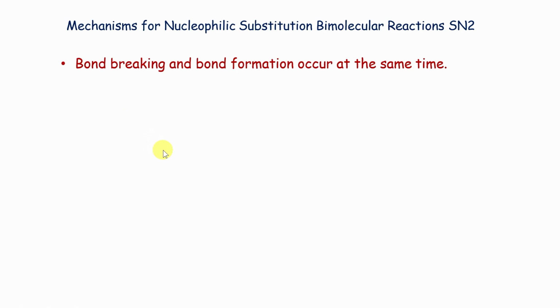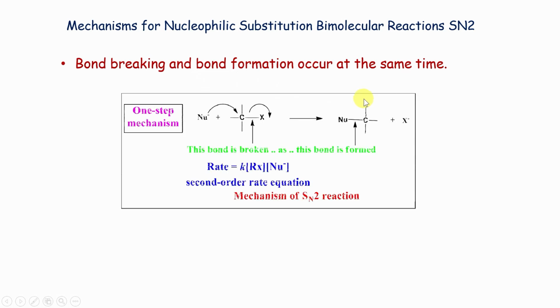That is very important. Bond breaking and bond formation occur at the same time. Here you can see it is a one-step process. The nucleophile attacks the substrate molecule. Bond breaking and bond formation take place in a single step, forming the product.